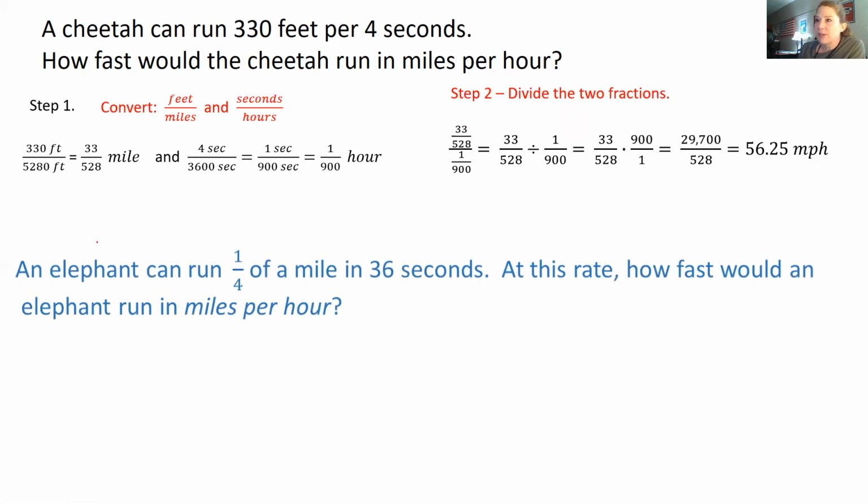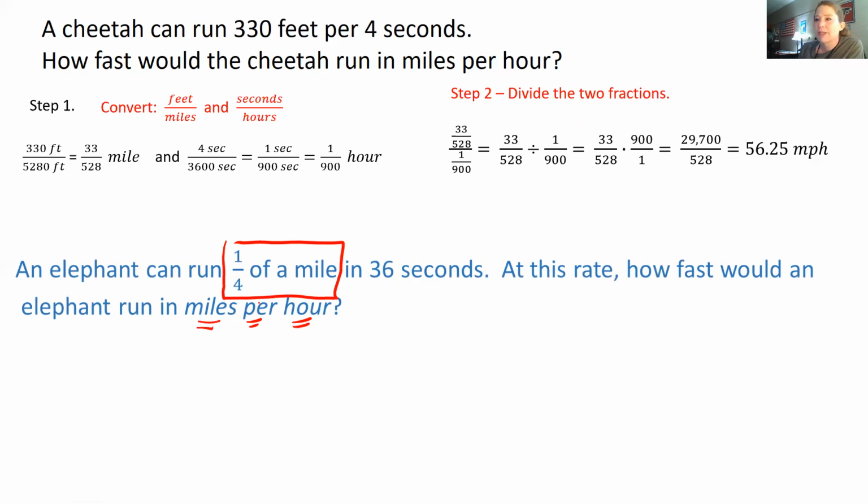An elephant can run 1/4 of a mile in 36 seconds. At this rate, how fast would an elephant run in miles per hour? Well, first of all, 1/4 of a mile, that's already in mile form.